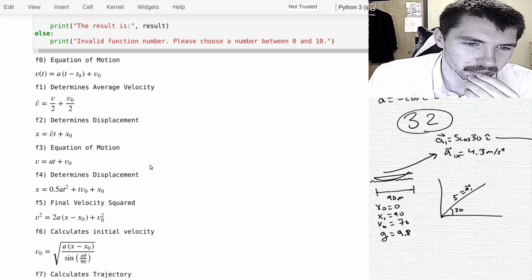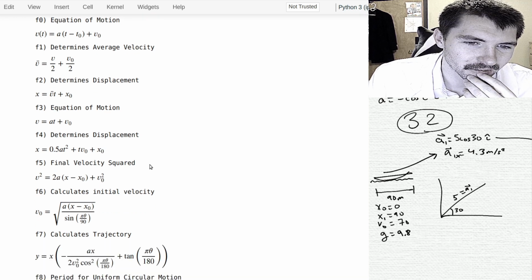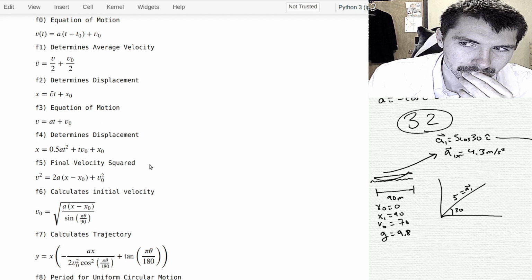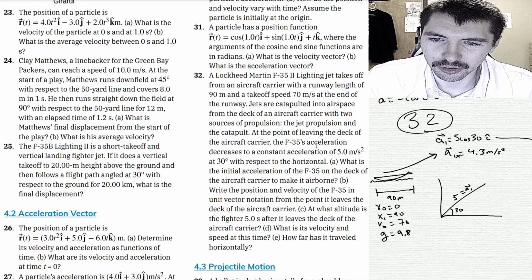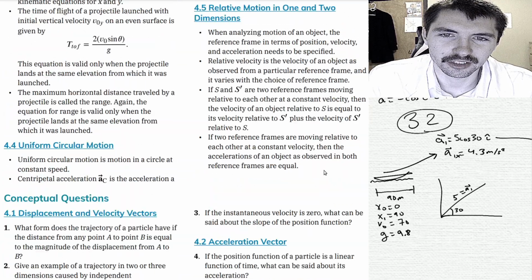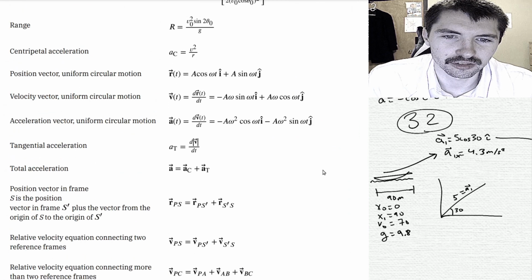Still doesn't really help. Okay, let's see, what do we want to know exactly? What is the initial acceleration? We need an equation that has two types of acceleration.